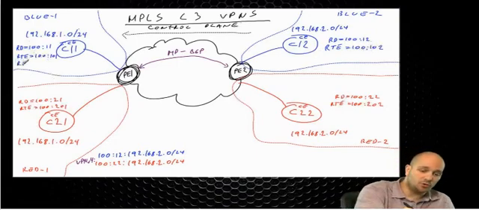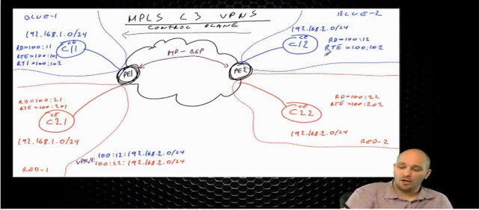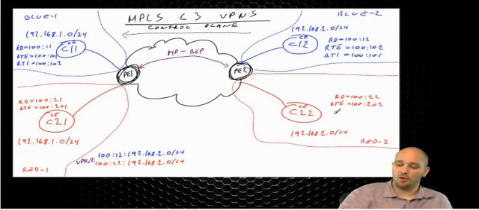So here I'm going to have route target import configured to import 102, that's the other side, and here I should configure the route target import 100, 101. In the red domain here, I will be importing whatever the other side is exporting, so this will be 201.